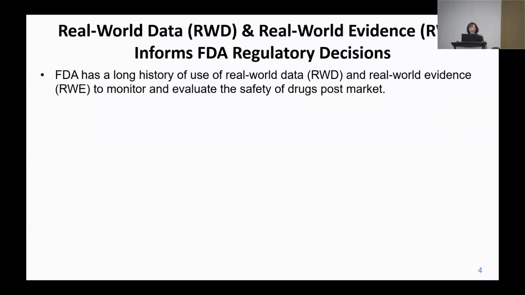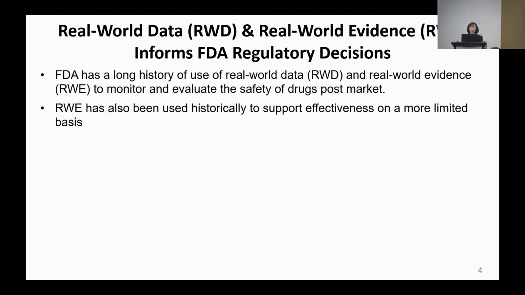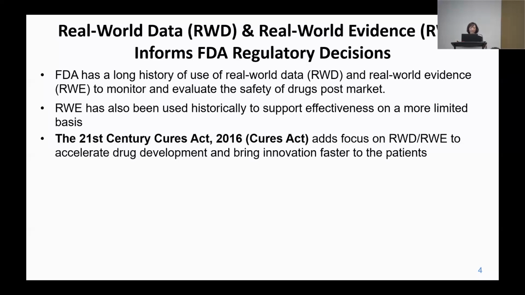Historically, FDA has used real-world data and real-world evidence for post-market safety monitoring. However, real-world evidence and data have been used to support effectiveness on a much more limited basis. In 2016, the 21st Century Cures Act was signed into law to promote drug development to more quickly bring innovation to the patient by leveraging real-world data and real-world evidence.